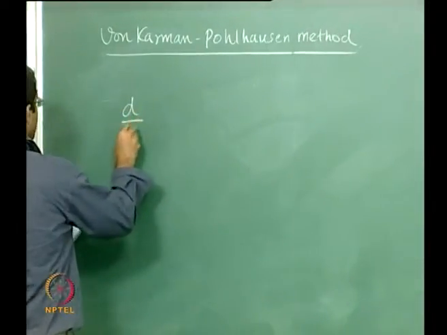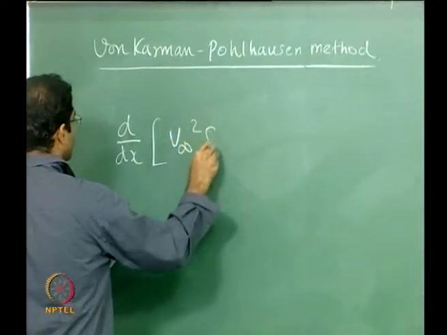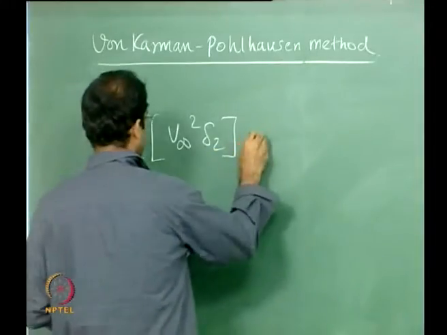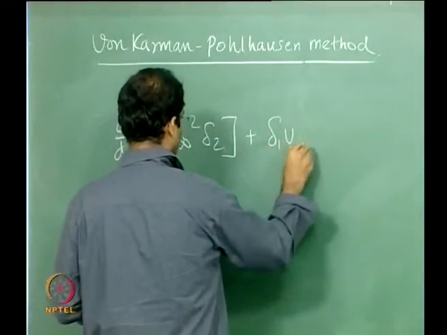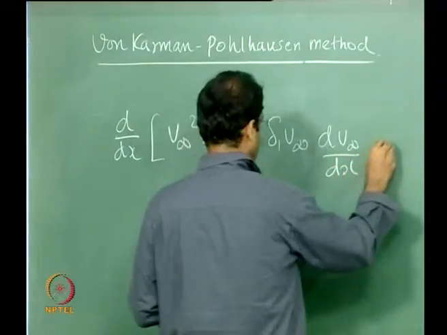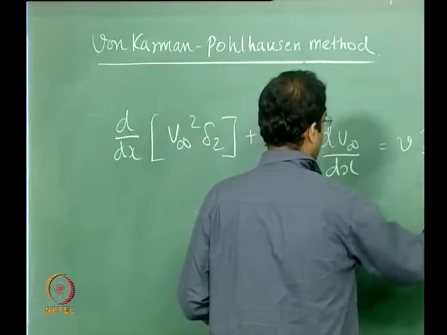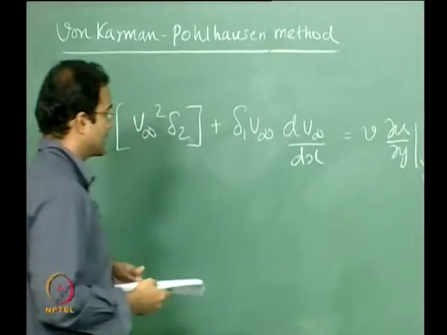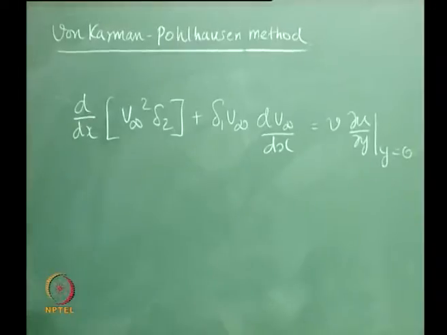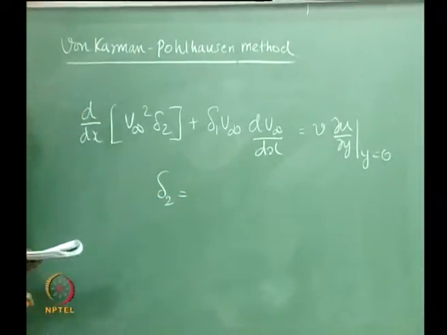So d by dx... this was the generic momentum integral that we had derived, where delta 2 is your momentum integral.